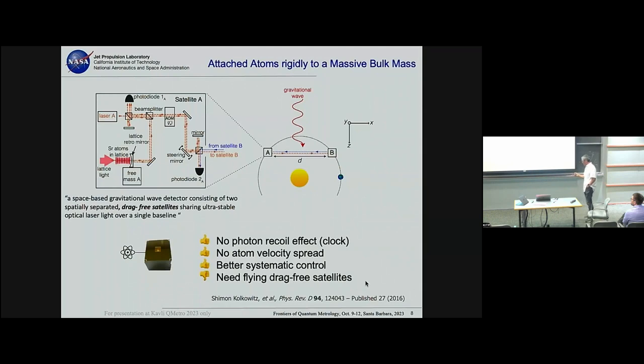Of course, the difference is that for this, you need to fly the satellite drag-free, which is a very expensive endeavor. Even with LISA Pathfinder, they only demonstrated within a factor of 10 of what LISA would need for drag-free reduction.